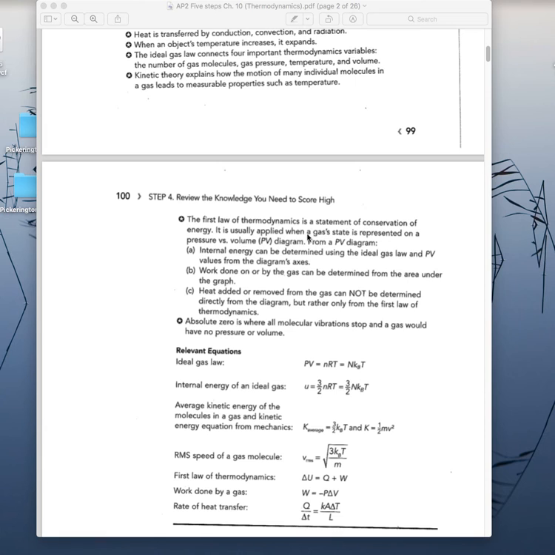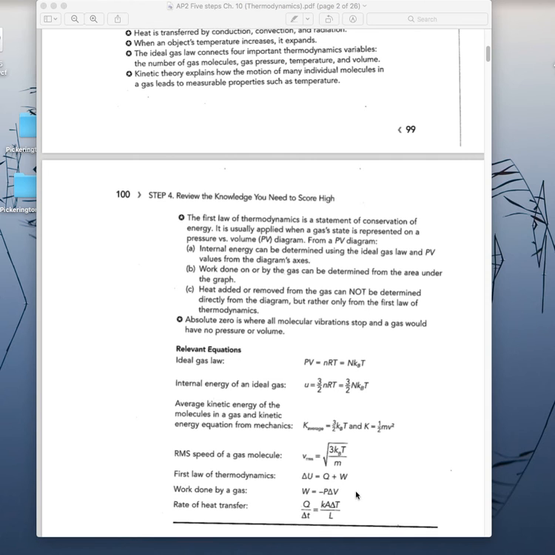So first law of thermodynamics, it basically is this. Change in internal energy is equal to the heat transferred to the system plus the work done on the system. So if these are positive, that means things are coming in. If they're negative, that means things are going out.